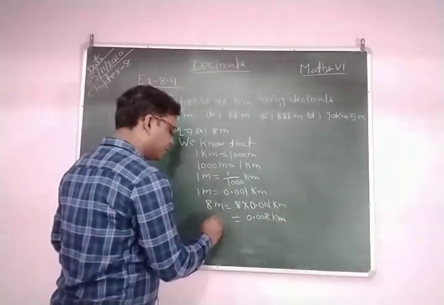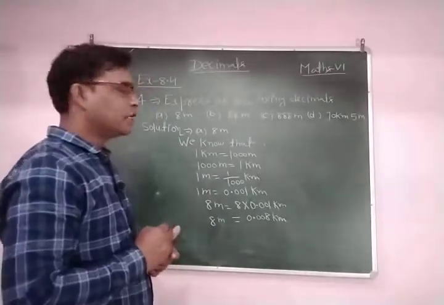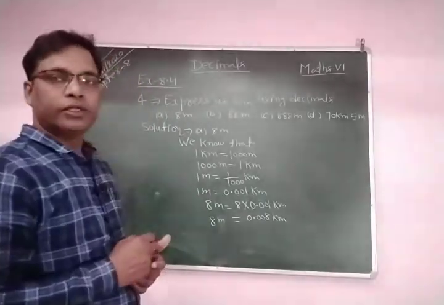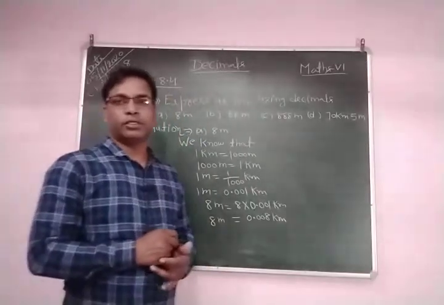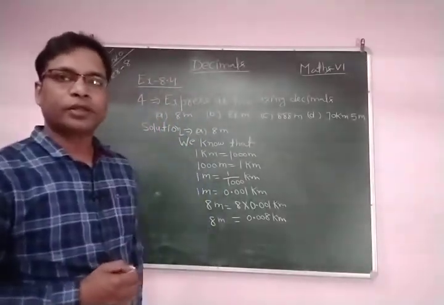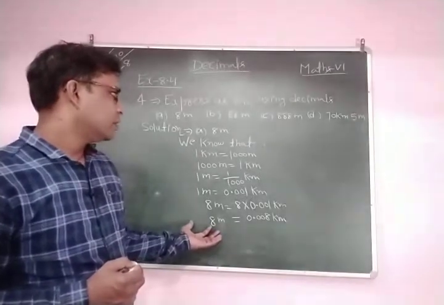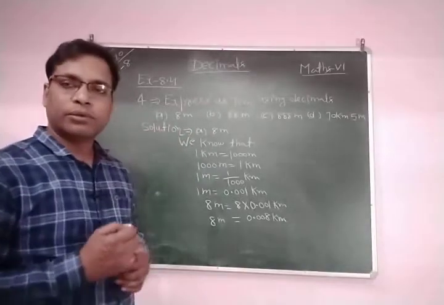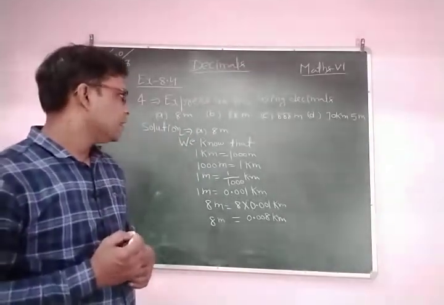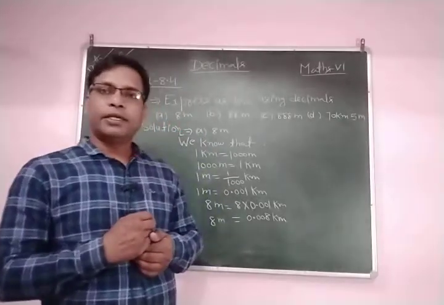In this way, you can express 8 meters as 0.008 kilometers. Students, I hope all of you understood this part. This is the A part of question number 4, which says express 8 meter as a kilometer using decimals.